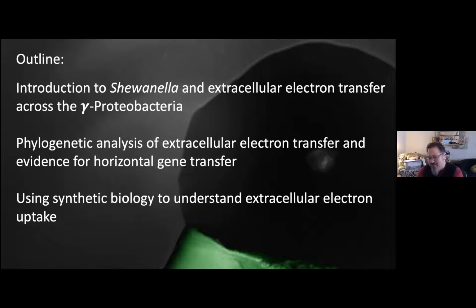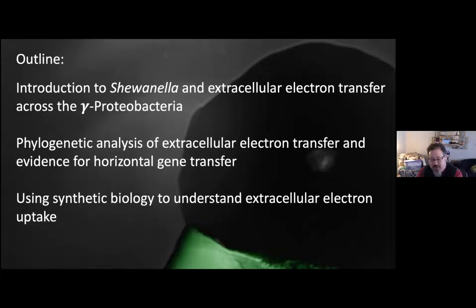As I'm sure many of you are familiar, it basically costs almost nothing to sequence a microbial genome these days. Literally $50 can get you a microbial genome. As a consequence, the databases of genetic information in microbes have just exploded over the last 10 years.